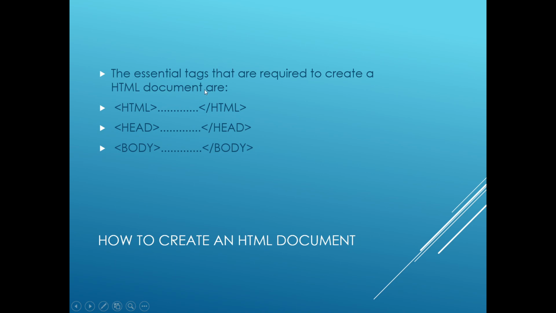The essential tags we use in HTML are the HTML, head, and body tags. Every HTML document starts with the HTML tag and ends with the HTML tag with a forward slash. In the head, we include the title of the HTML page, metadata, etc.